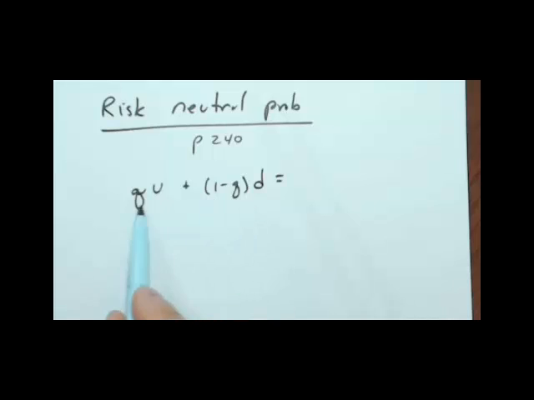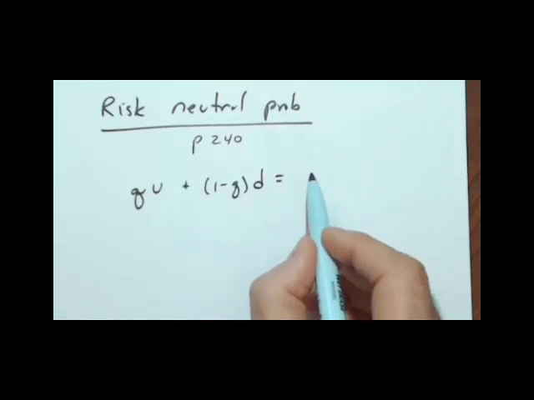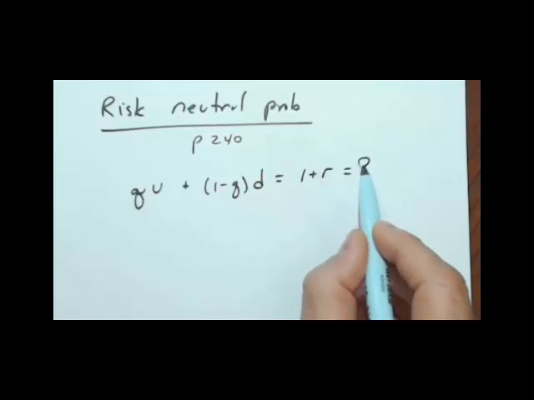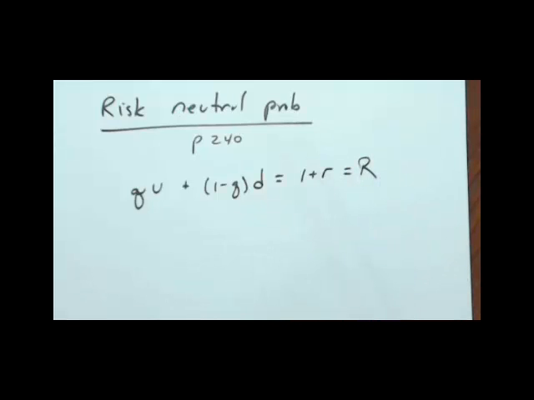This is a probability weighted average of 1 plus little r, which the book calls capital R. So what this says is, if we don't care if we go up or down, on average, we're going to make the risk-free rate of return in this situation. So it doesn't matter if we go up or we go down.